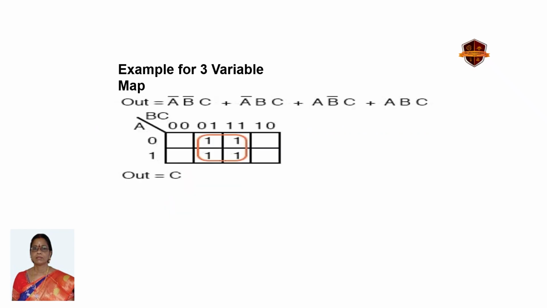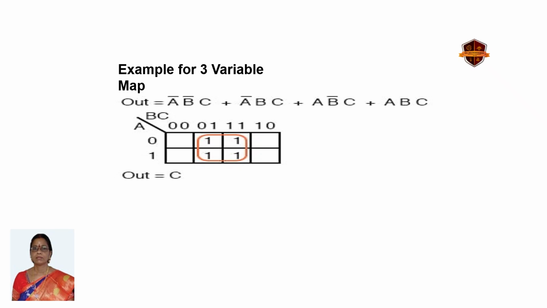We will solve one problem for a 3 variable expression. The expression is given as A bar B bar C plus A bar B C plus A B bar C plus A B C. So you draw a 3 variable map which consists of A on one side and BC on the other side. A corresponds to 0 and 1, and BC corresponds to 0, 0, 0, 1, 1, 1, 1, 0.